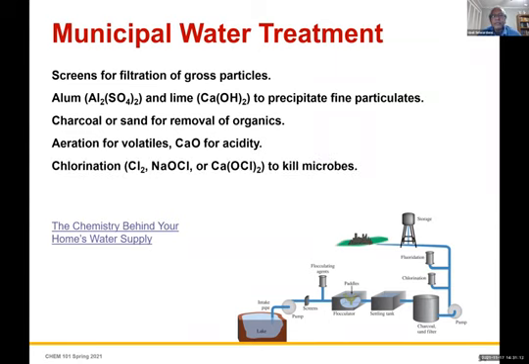Chlorination is used with sodium hypochlorite, which is a source of chlorine to kill microbes. We also use ozone and UV light, naturally through lamps or by sunlight. So all these processes clean up the water, and then we pump water into storage and supply it to communities.